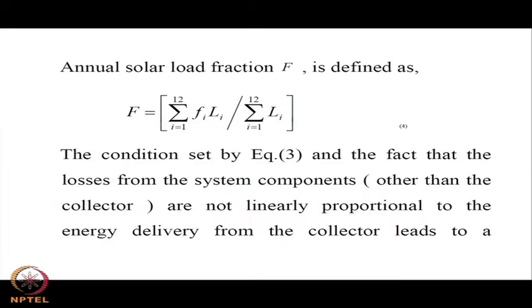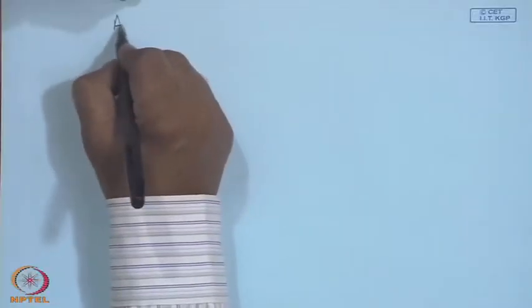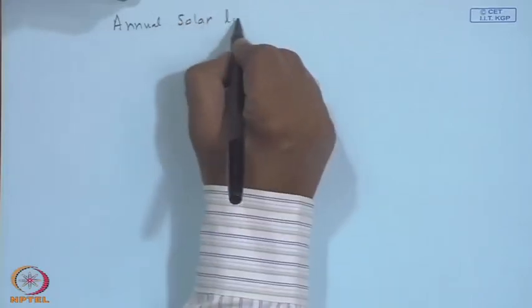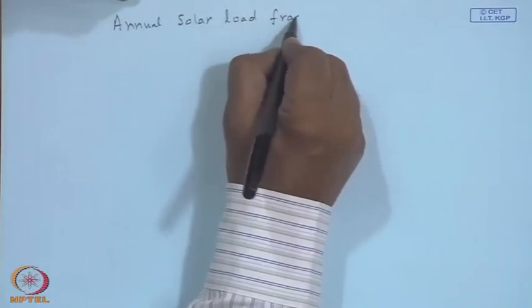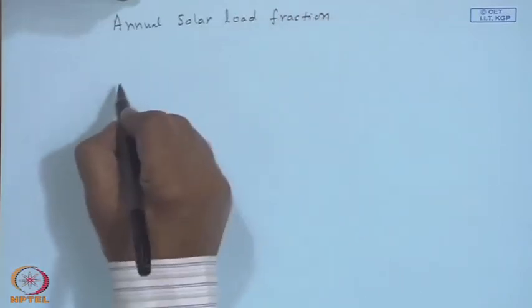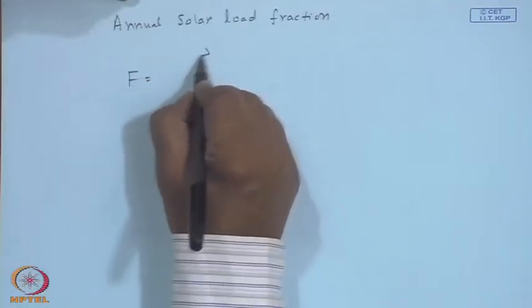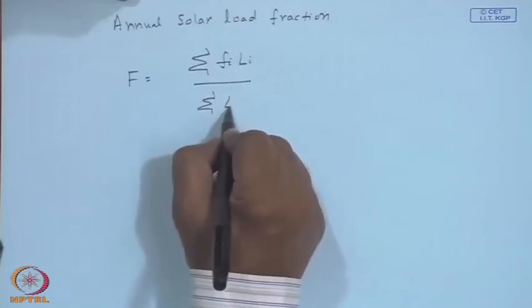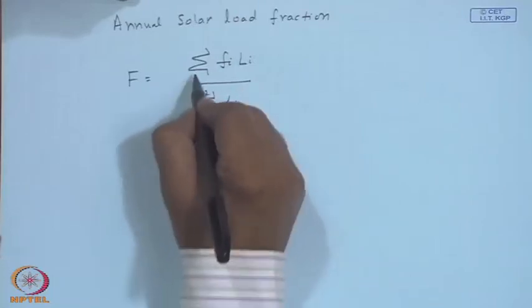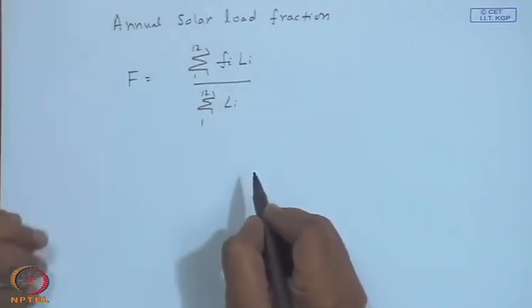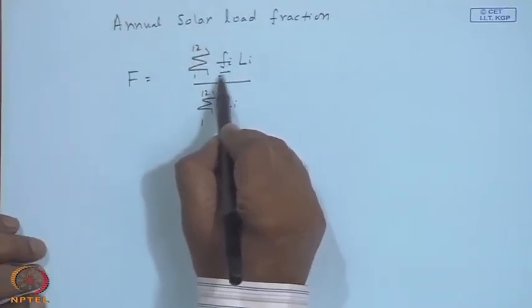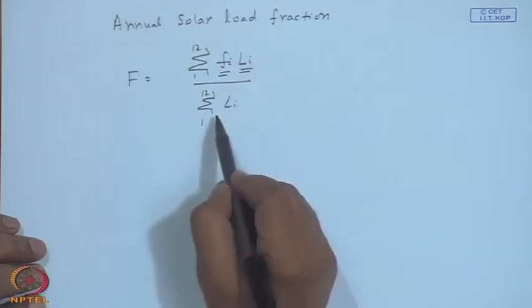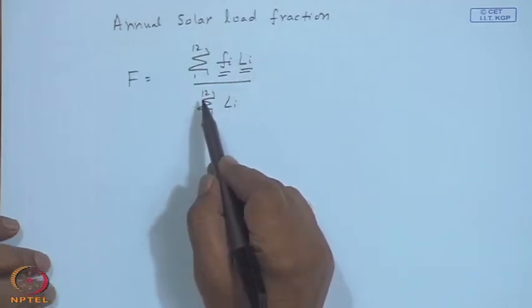So, if that is for a month, I can define the annual solar load fraction. It is a weighted average of the load fraction F i for a month i and the corresponding load L i, upon L i summed up over all the months.